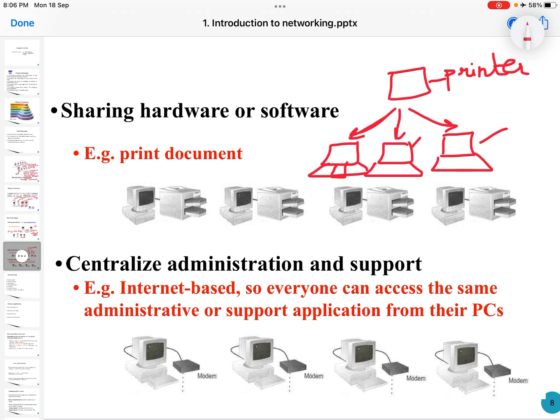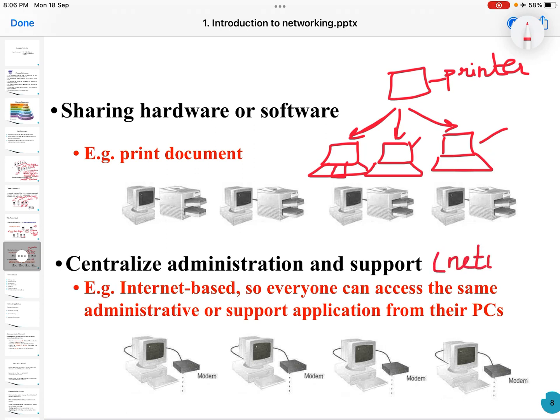Centralized administration and support, for example, internet-based, so everyone can access the same administrative or support applications from their PCs. So there is a centralized internet. That internet will be connected to all the computers. So that is networking.